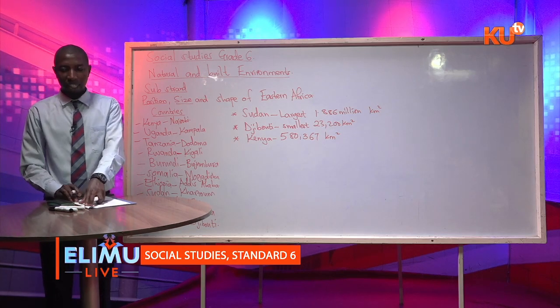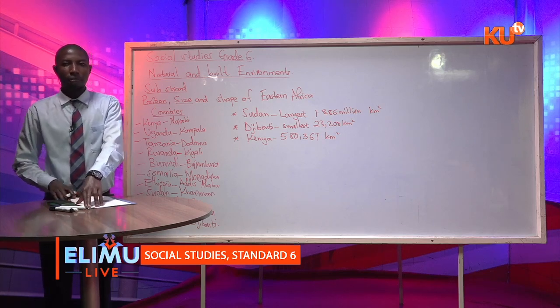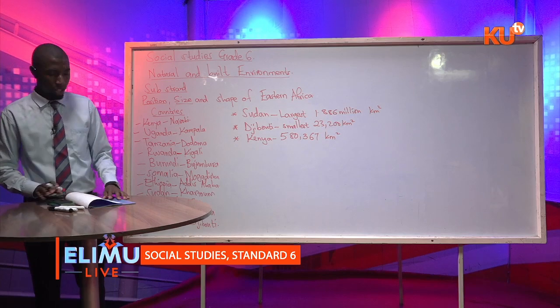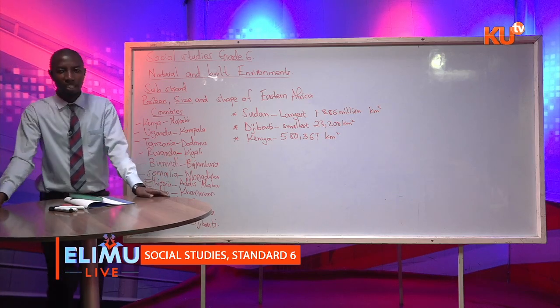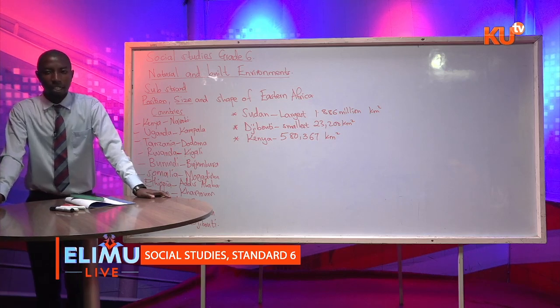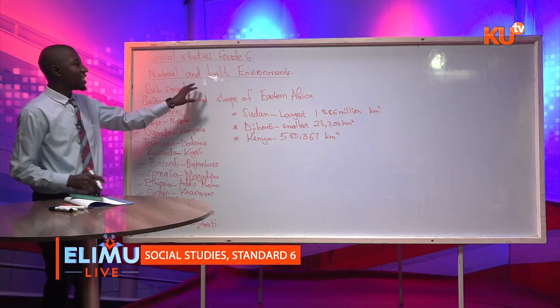It doesn't mean the East African Commission. The East African Commission is a regional corporation of some East African countries, and some are not even Eastern African countries, like DRC, where these countries have agreed to work together. That is called EAC.